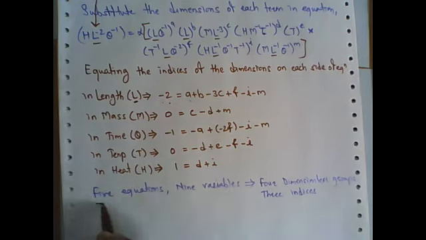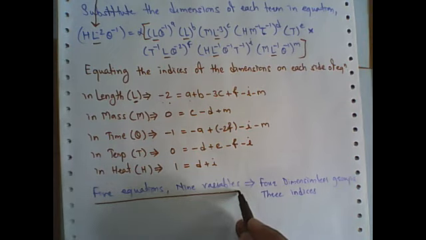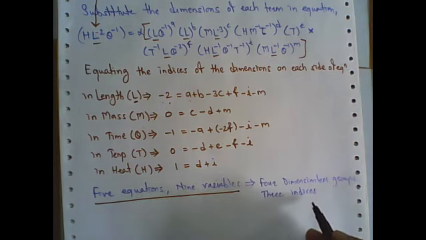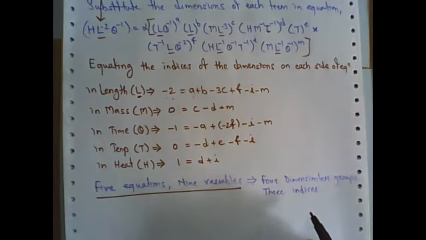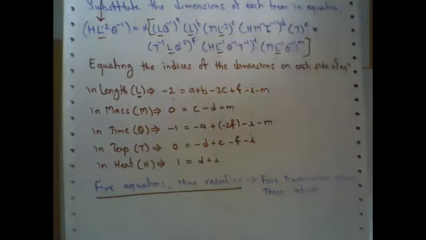Now we have to convert these 5 equations and 9 variables in terms of 4 dimensionless groups and 3 indices. How to convert these 9 variables and 5 equations into 4 dimensionless groups, we will discuss in the next lecture.